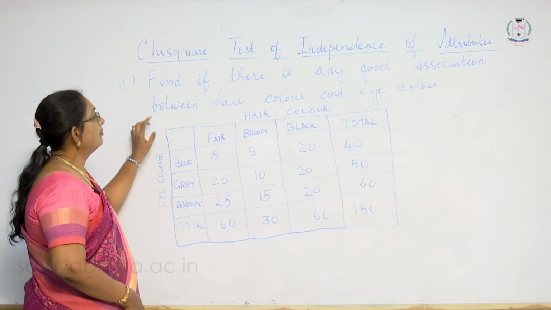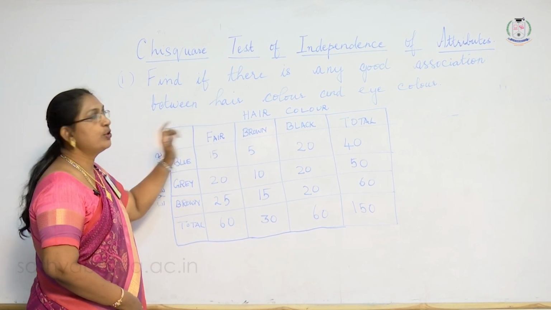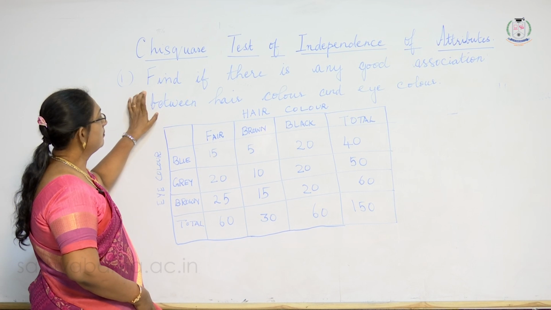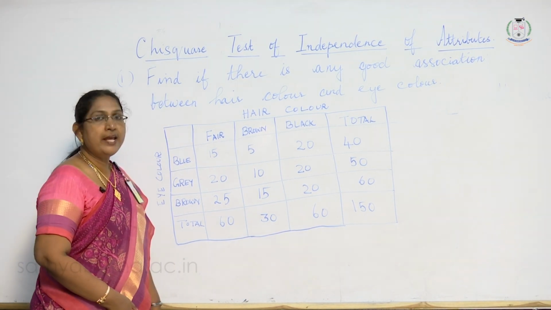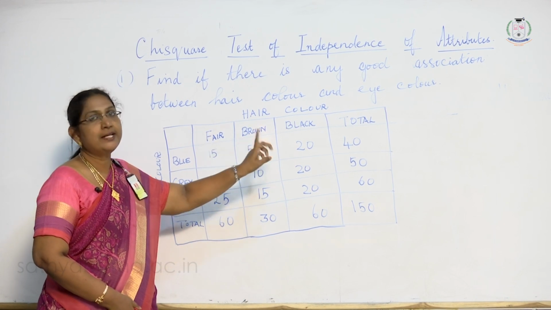So now I am going to explain how to do a problem using this chi-square for the first application, that is the test for independence of attributes. Now the first problem in chi-square test of independence of attributes: find if there is any good association between hair color and eye color.